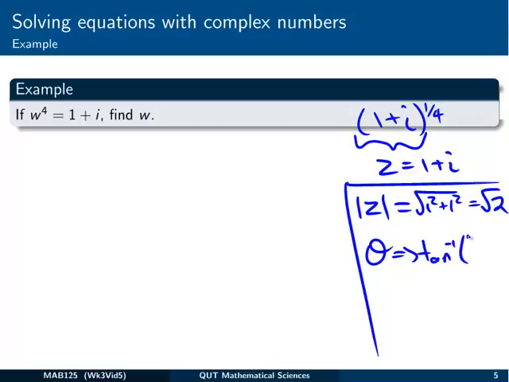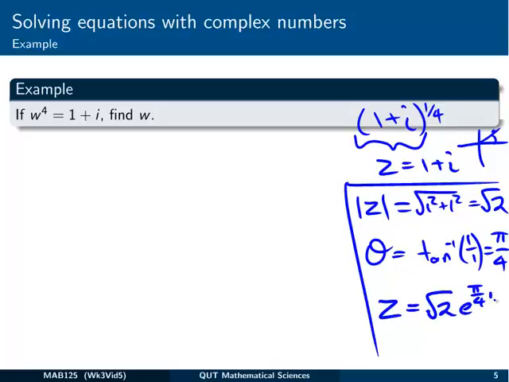Or if you like, just by knowing that the number 1 plus i in the Argand diagram sits directly at a 45-degree angle. 1 and 1 are its real and imaginary parts. So that's going to be pi on 4, or 45 degrees if you want. So theta is equal to pi on 4. So z is equal to root 2 e to the pi on 4 i. So that's our exponential form.